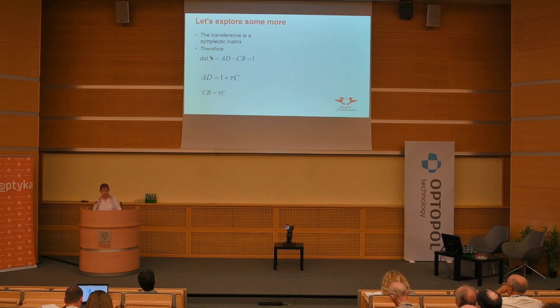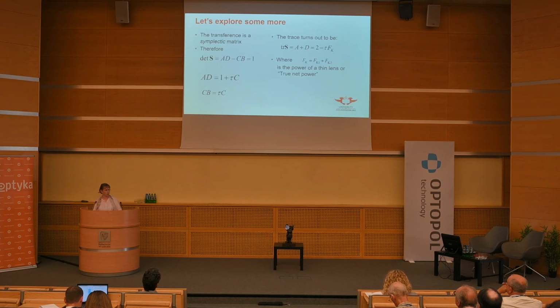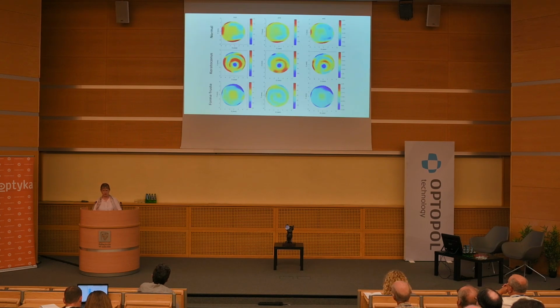So we can have a look at AD and CB, and we see that there's an element of the reduced thickness as well as the power, or C. The trace is A plus D, and that gives us 2 minus tau, or reduced thickness, times the thin lens power, or true net power, as it's listed on the Pentacam. And if we manipulate, we can see that the trace is going to have an element of CCS and SSC involved. So there is our summary.